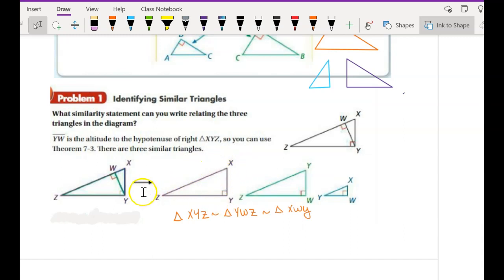So XYZ is similar to YWZ, which is similar to XWY.